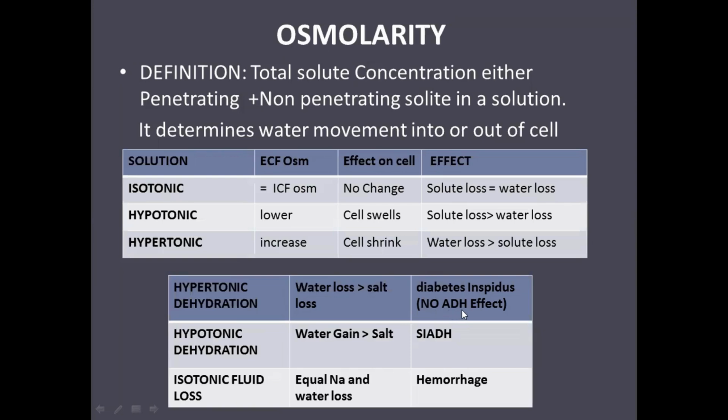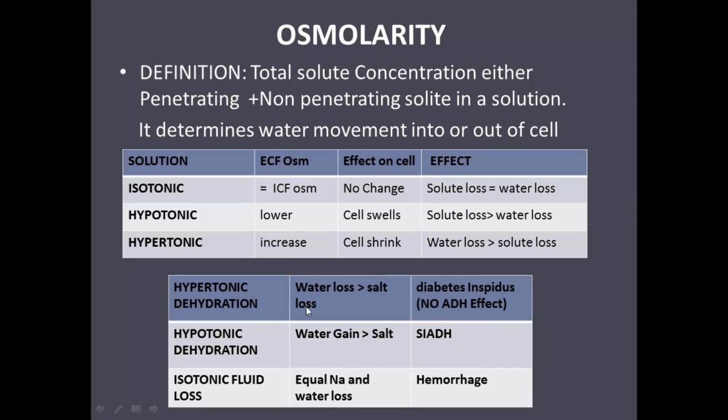So all the water in the lumen is going to be wasted in your urine. As a result, your total body water loss is more, however, the solute loss is not that much. So our osmolarity increases. That is the case of dehydration and diabetes insipidus.